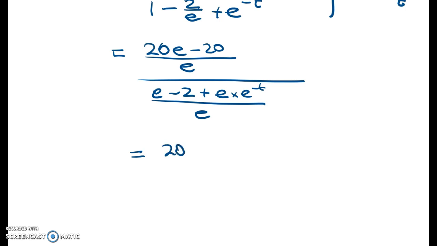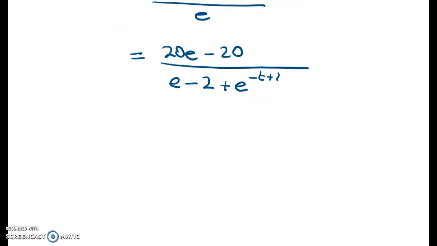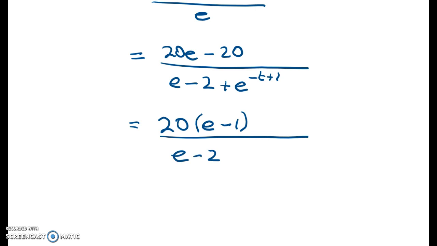So that equals 20e minus 20 divided by e minus 2 plus e to the negative t plus 1. There are a number of ways to do this problem, but here's one of them. So this is 20 times e minus 1 over e minus 2 plus e to the negative t plus 1.